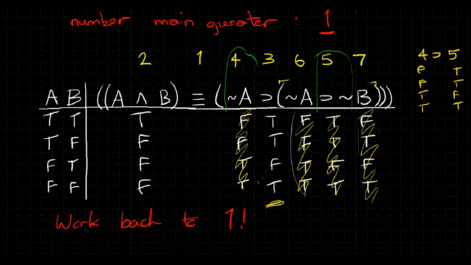Okay, so we're now in a position to do our main operator, number 1, because we know the value of 3 and we know the value of 2. So this is the biconditional of the values under 2 and the values under 3, if you like. Our rule for the biconditional was it's only true if they match. So true matches, so that's going to be true. True, false is going to be false. False, false is going to be true.